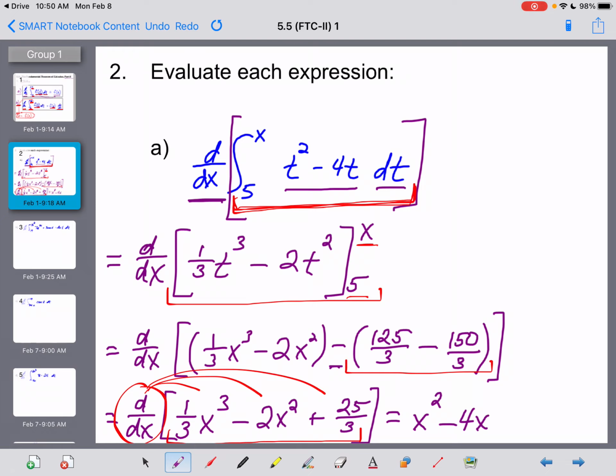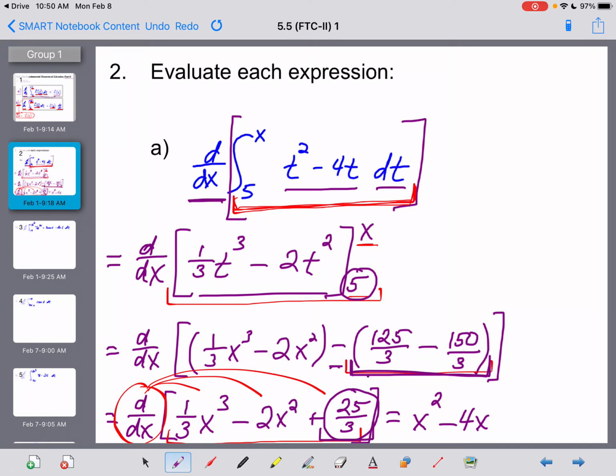And here's the real kick in the teeth, everybody. All of that work that I did to come up with this number right here, which of course is a constant, now needs to be differentiated with respect to x. And the joke of it is, everybody, that no matter what that constant was, no matter what value I used right here and put into this expression, I was guaranteed to get some constant value right over here.